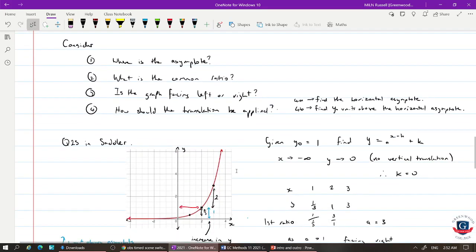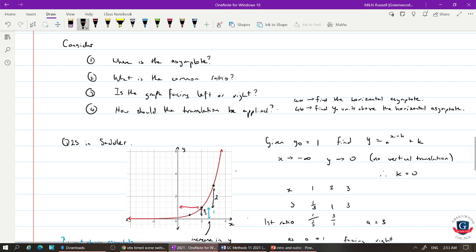When we're trying to find an equation from a graph, we should consider a few things that will help us. The first one is, where is the asymptote? If the asymptote's at 0, it hasn't been moved vertically, which makes our life a lot easier. If it has, we'll have to consider that later. Next, we're trying to figure out what's the common ratio. Can we find out the value of a? Then, is the graph facing left or right?